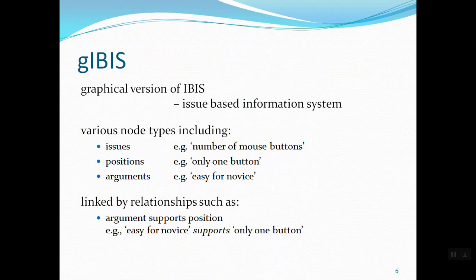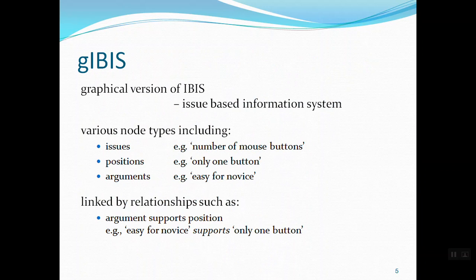Appropriate examples for each are given. The issue can be the number of mouse buttons. The position can be any one mouse button, and the argument could be that a new user, a novice, should find it easy to use. These elements can be linked to each other by various relationships.